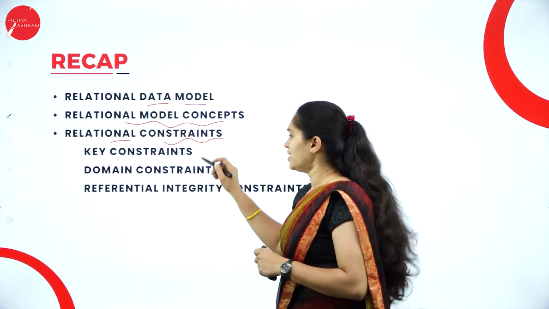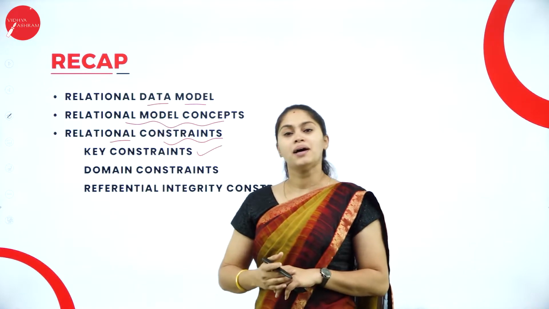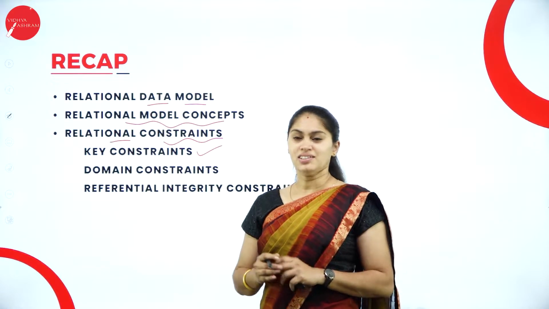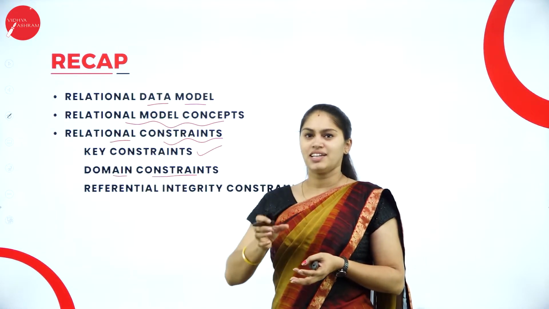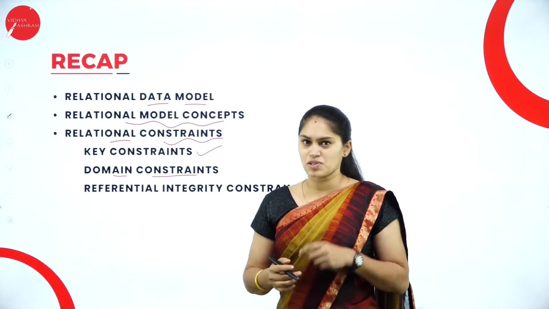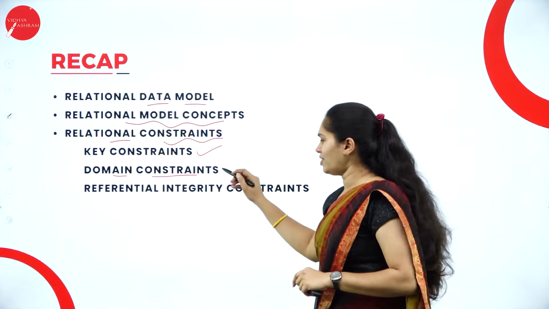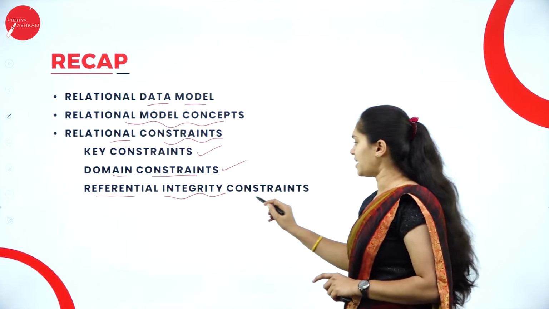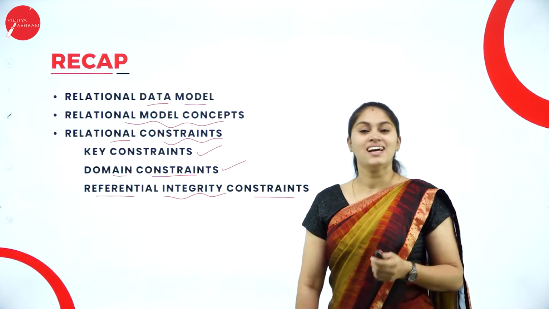That includes the key constraint: the primary key should not be null and it must be unique in nature. Along with that, we discussed the domain constraint, that is, the set of range of values that we give for particular attributes, and the rules that need to be followed to satisfy it. And also, I discussed the referential integrity constraint. This is what we discussed in our last session.